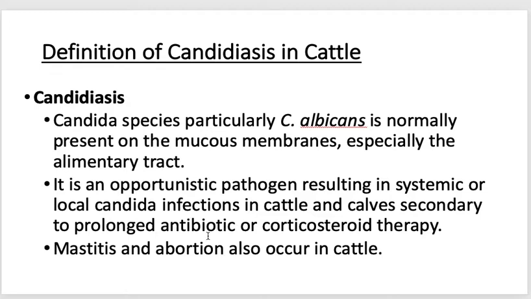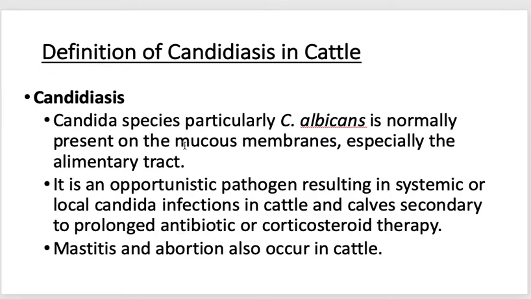So prolonged use of antibiotics reduces the effect of normal flora, causing a drop in the immune system, and that can cause overgrowth of Candida albicans that causes the infection. Also, corticosteroids are known to reduce the normal body immune system, and if used for a long period of time, they affect the immune system and cause Candida albicans to overgrow and cause Candida infection.